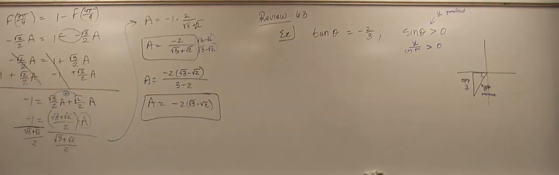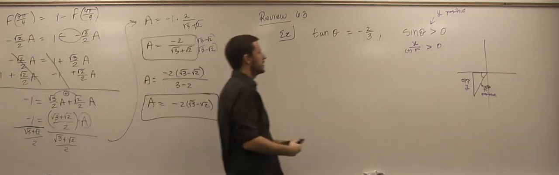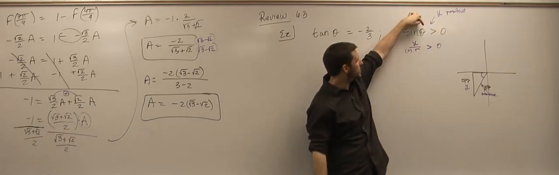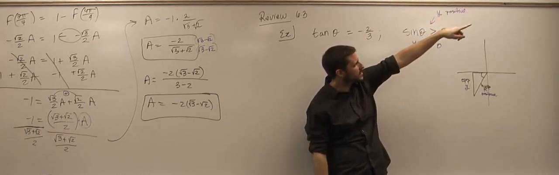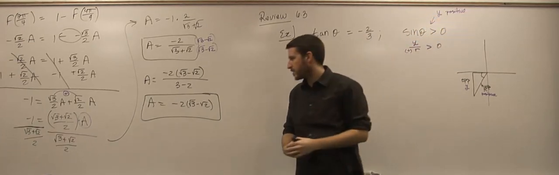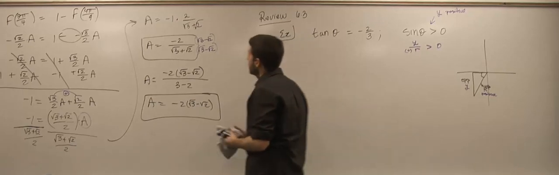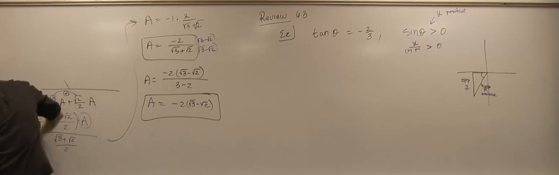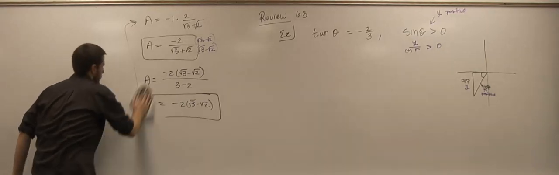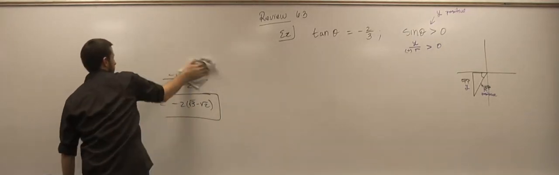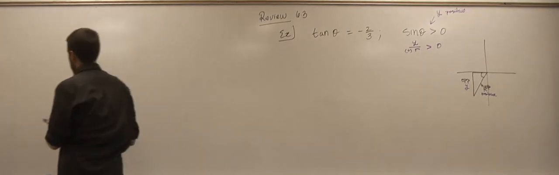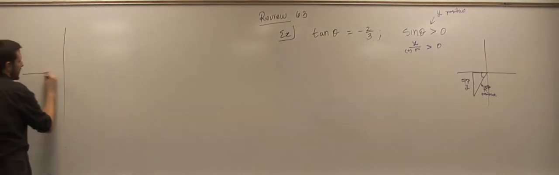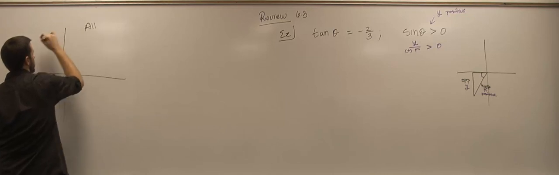Another way to help you remember what quadrants a certain angle is in is with this mnemonic device here. All students take calculus. You guys seen this before? This is really just a memorization tool. But if you remember this phrase, all students take calculus, it tells you where things are positive.